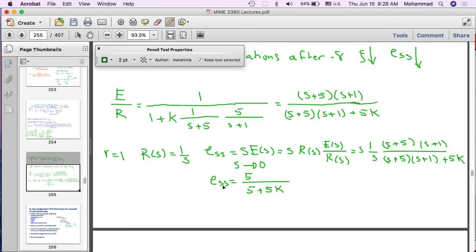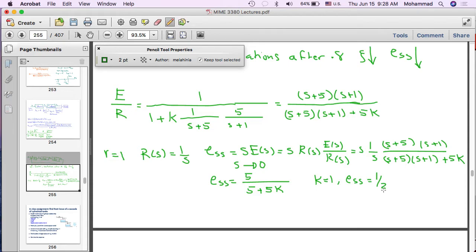So when k is 1, error steady state is equal to what? Error steady state is equal to 1/2.